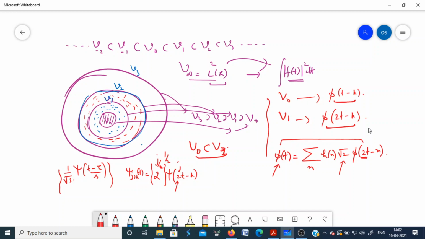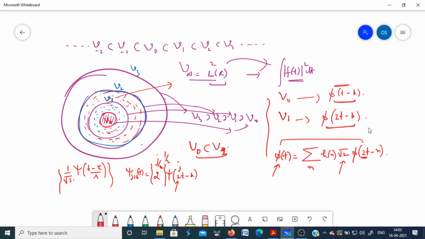So if v0 is a subset of v1, and since v0 space is generated from the functions phi t minus k, and v1 space is generated from the functions phi of 2t minus k, it means this function phi 2t minus k should also be available in this space v0.